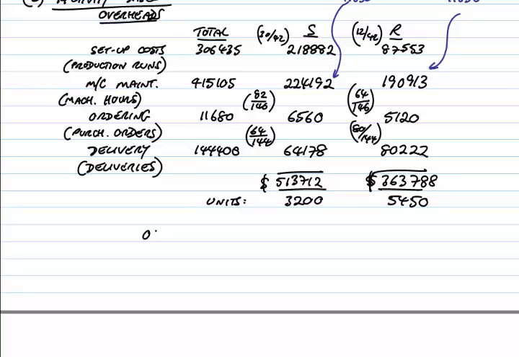And so the overheads per unit, simply divide 513,712 to S, 160.54, and to R, 66.75.